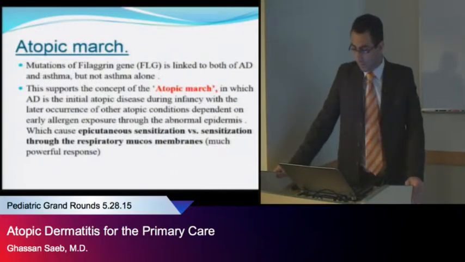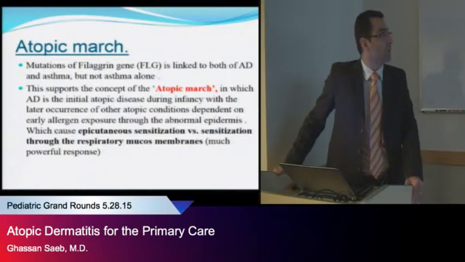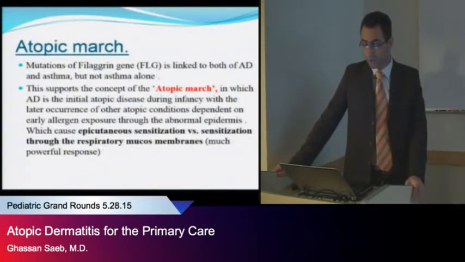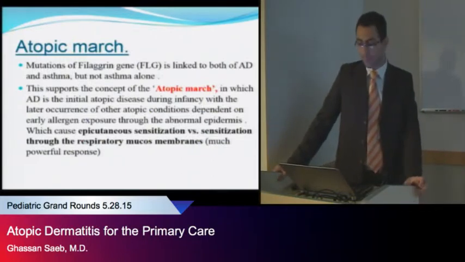I'm going to talk about the atopic march, which is very important to understand the pathogenesis of this disease. Mutation of the filaggrin gene is linked to both atopic dermatitis and asthma, but not asthma alone.